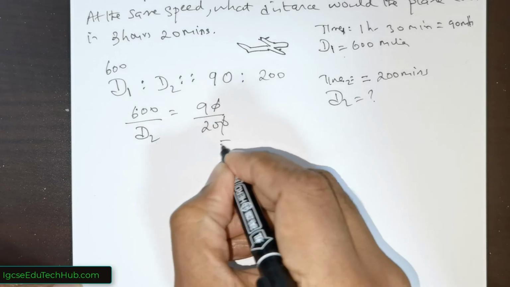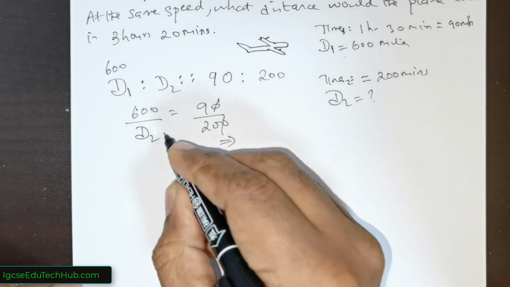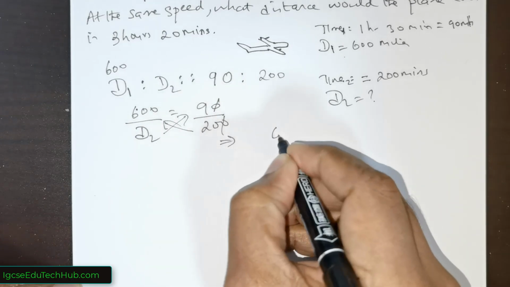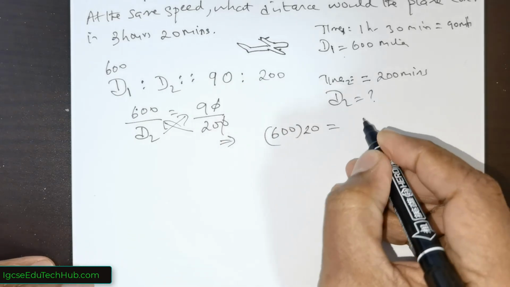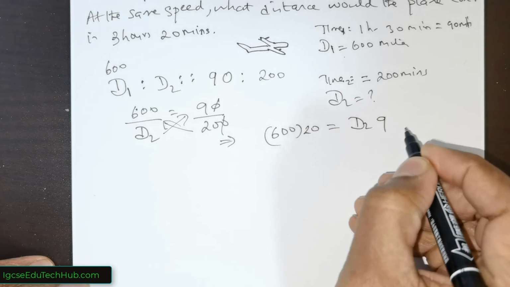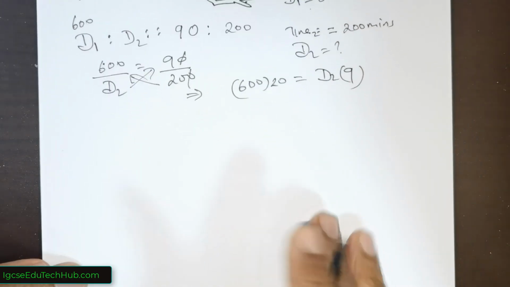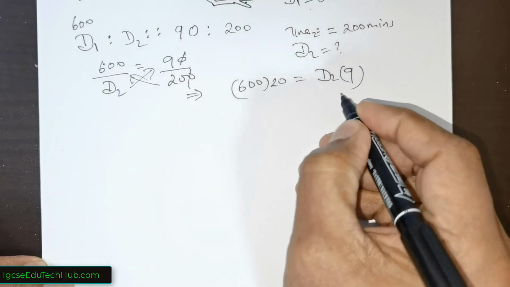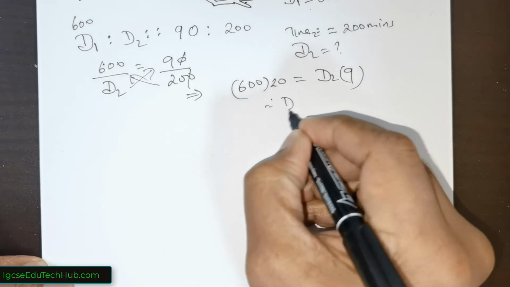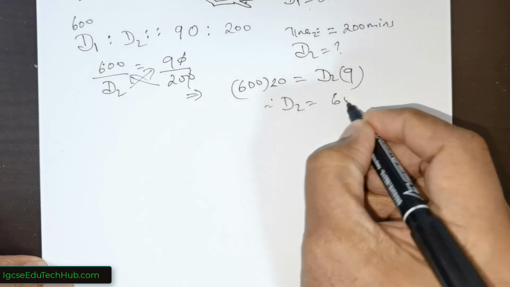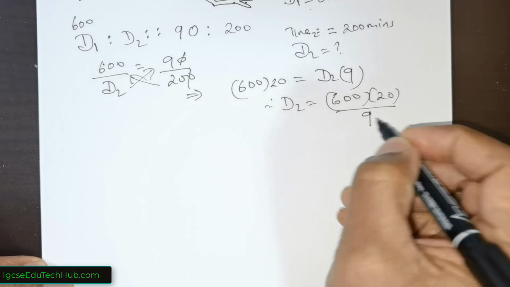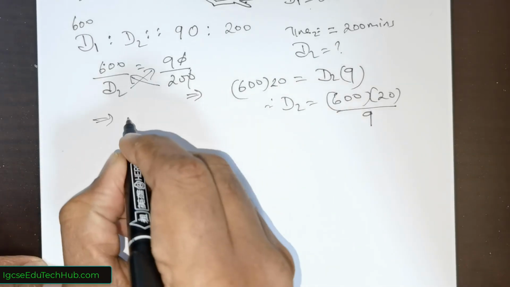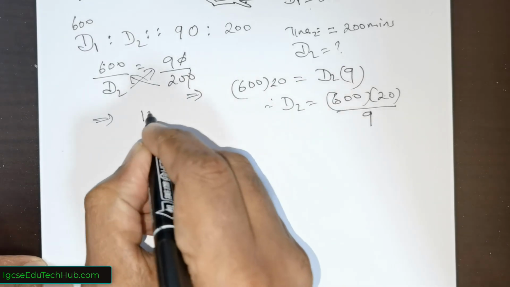You can rewrite this, you can cross multiply. So it's going to be 600 into 20 is equal to D2 into 9, or 9 times D2. So therefore D2 is equal to 600 into 20 divided by 9. So this would give you 6 into 2, 12.